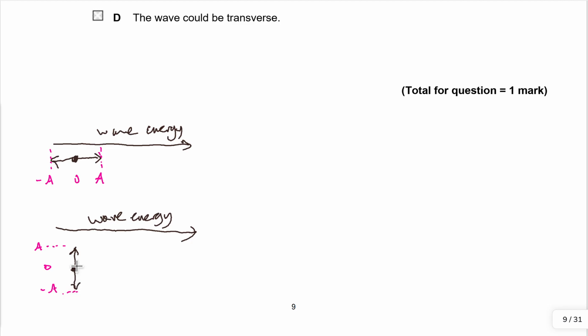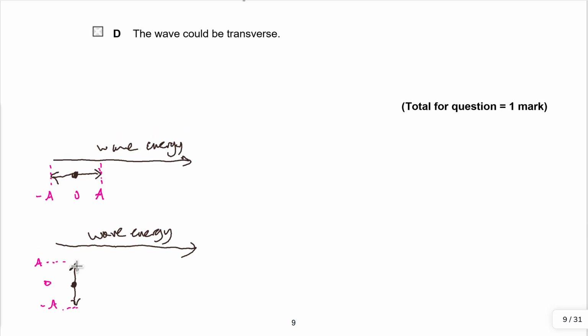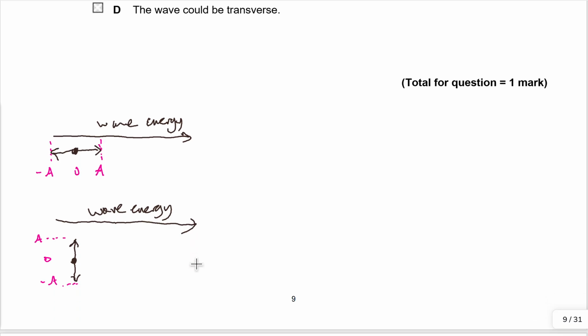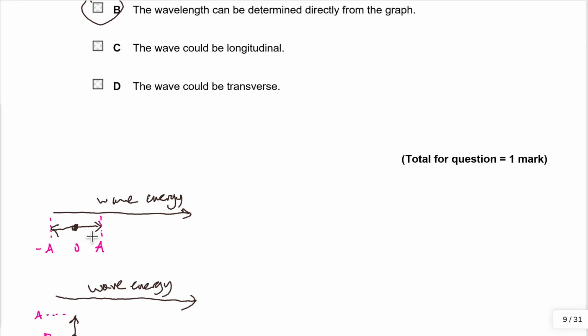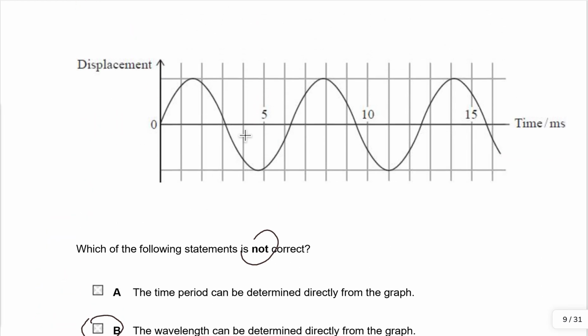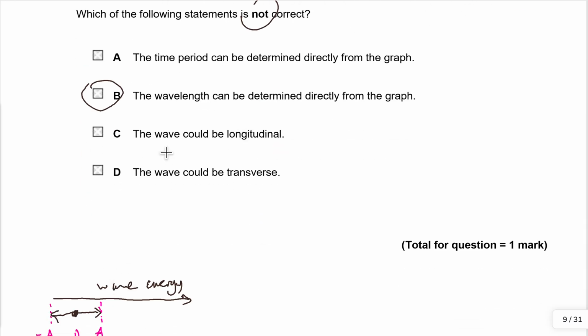How we represent it on a graph is very much similar to what the wave actually looks like for transverse, but for a longitudinal, the wave doesn't realistically look like that, but it can be mapped in that way.